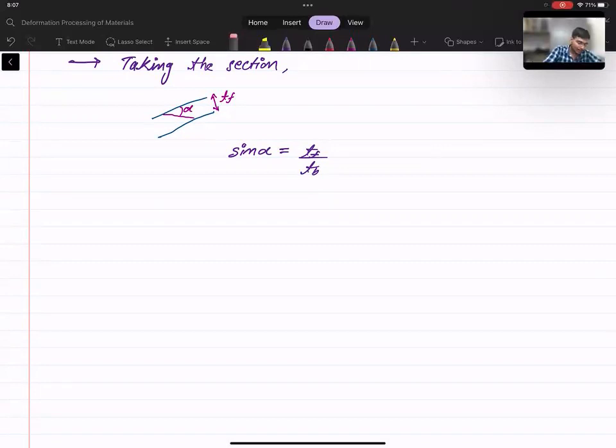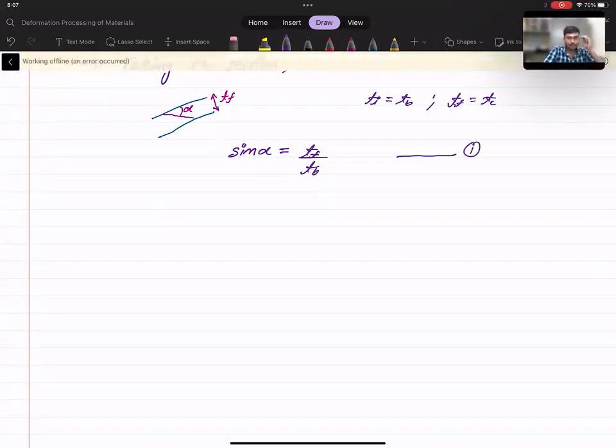Here, let me write that: the initial thickness is the blank thickness, and the final thickness may sometimes be written as the cone thickness also, or Tc. So these two are basically the same. So this is the first relation that we have.